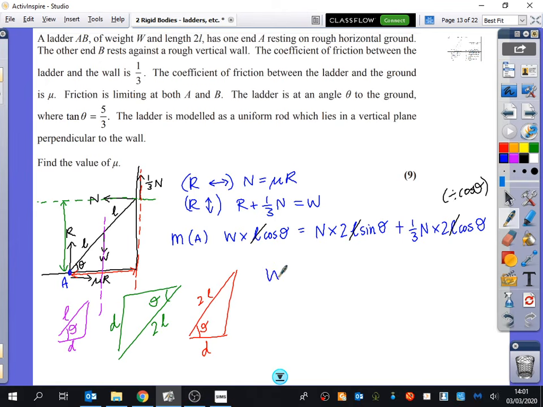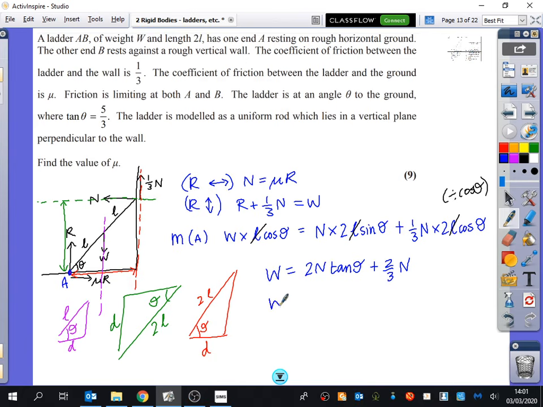So I get W equals 2n tan theta plus 2/3 n. Do you see how I divided by cos theta, divided by cos theta, and divided by cos theta to get 1 tan theta and 1? Now tan theta is 5/3, so I'm going to replace that with 5/3.